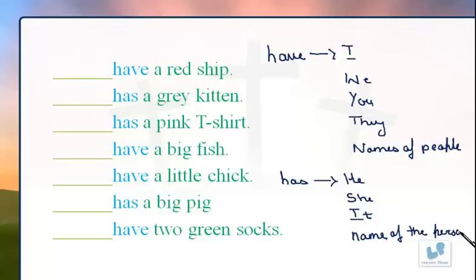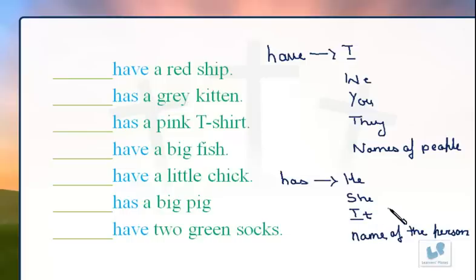Only one single person. Okay? So here we could have he has a grey kitten or she has a grey kitten, or name of the person. For example, Linda has a grey kitten.